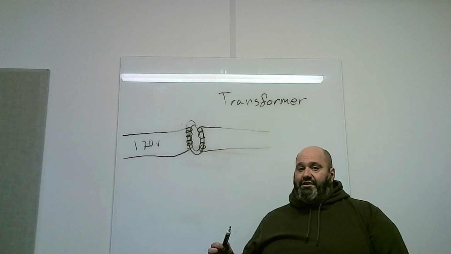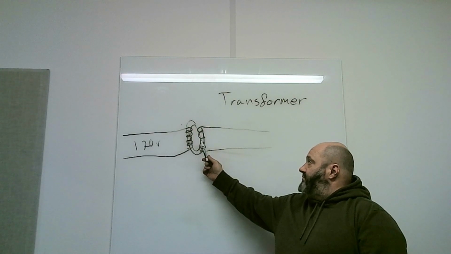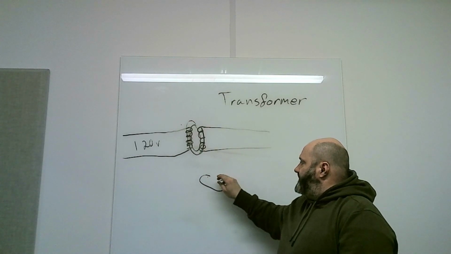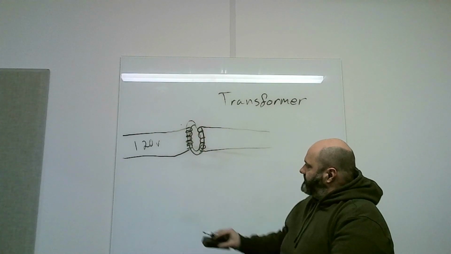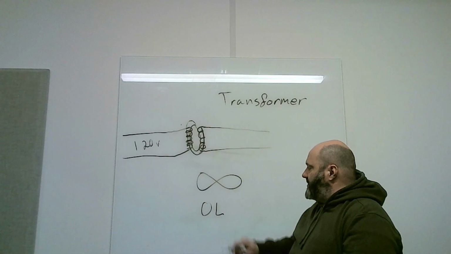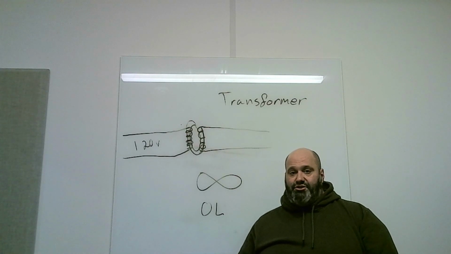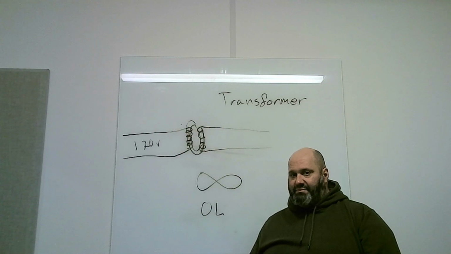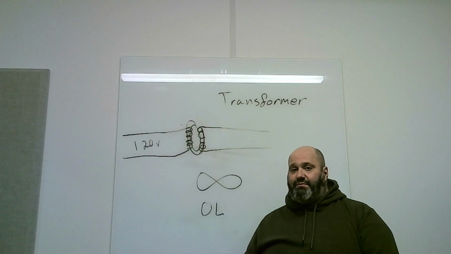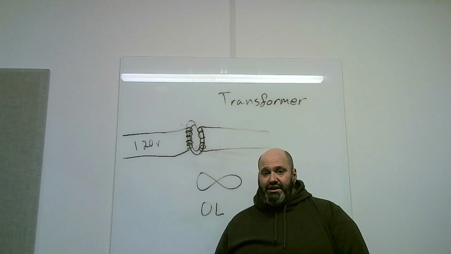If you are getting OL, which is infinite resistance, that basically means that there is no path for current to flow. So if you're getting that, then that means you most certainly have a broken winding or a shorted winding.